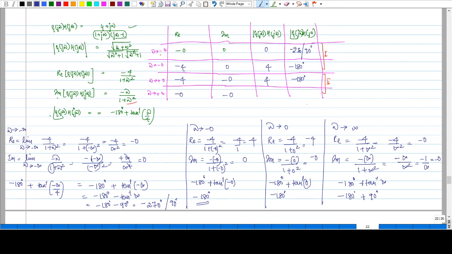So this is minus 180 plus 90. So this is minus 90. So this angle is minus 90 degrees and the magnitude is 0.